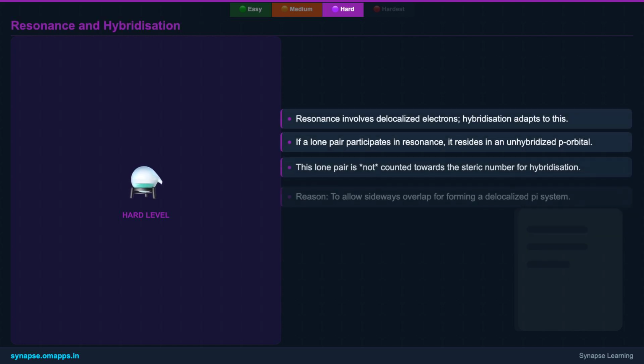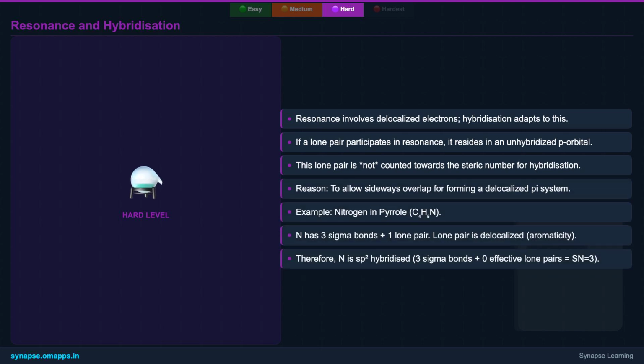Hybridization also plays a critical role in understanding molecules that exhibit resonance. Resonance structures represent the delocalized nature of electrons within a molecule. When an atom has a lone pair that can participate in resonance, meaning it can be delocalized into an adjacent pi system, its hybridization must accommodate this.